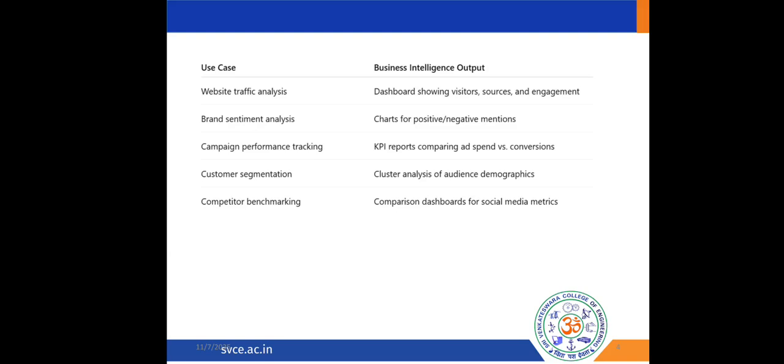Collect data from all your marketing channels and compare actual performance against your goals. Look for patterns, such as which channels deliver the best results or which ad creative resonated most with the audience. So, KPI reports comparing ad spend versus conversions.